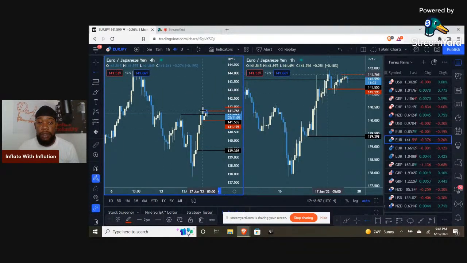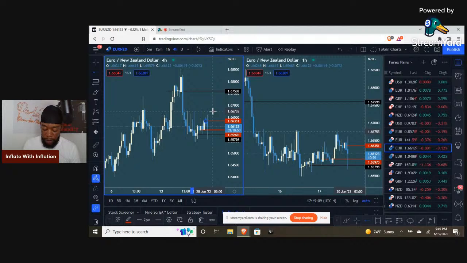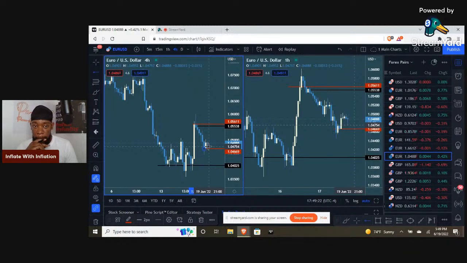But that's at the top, so that's dangerous. That could very well drop. That might be a sell. We'll wait after the correlation is done, though, to find out. Euros buying, New Zealand selling. It's at the bottom too. Euro selling, US dollars buying.